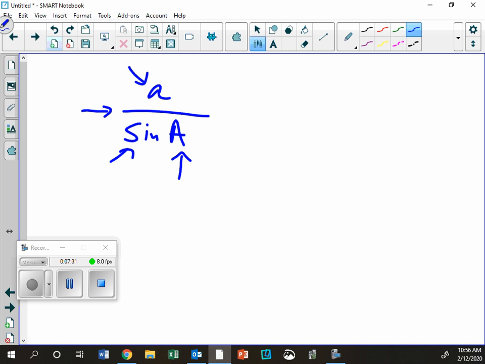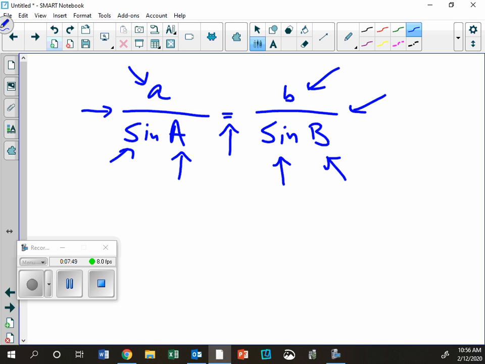And then the rest, are you ever going to use all the parts at once? Nope. You're just going to need one other one, which I'm going to call B. And that's going to be little b over sine of big B. And that was 4 parts here. 1, 2, 3, 4 parts. Plus that, you could argue that's 9 parts to remember. 9 things to remember for the law of sines.